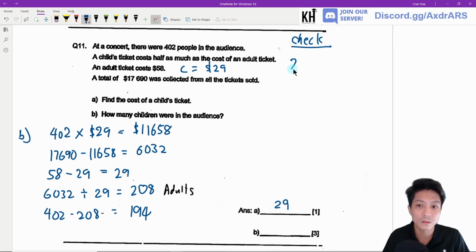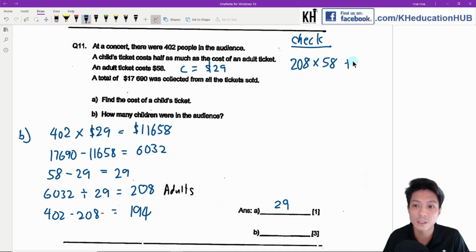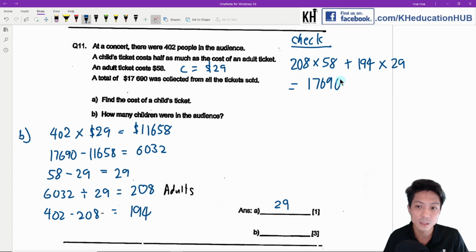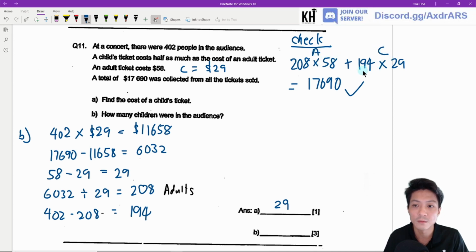Okay, if there are 208 adults, each ticket is $58, and if there's 194 children, each ticket is $29. Find out what is the total using your calculator. 208 times 58 plus 194 times 29. Okay, so it will give you 17690. This is correct. So this is adult. This is children. Okay, so there are 194 children in the audience.